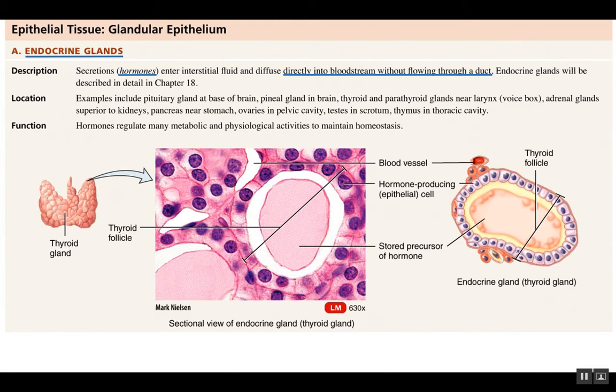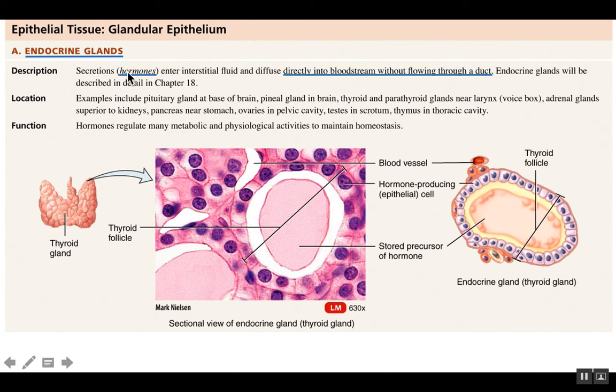Endocrine glands secrete hormones into the bloodstream. There's a whole system called the endocrine system. And these organs produce many chemical messengers known as hormones to regulate a lot of other organs in the body.